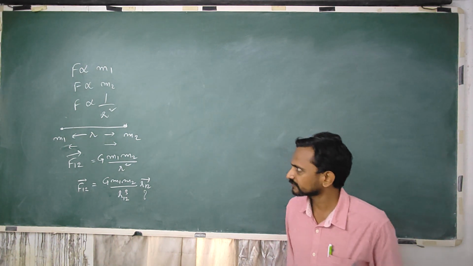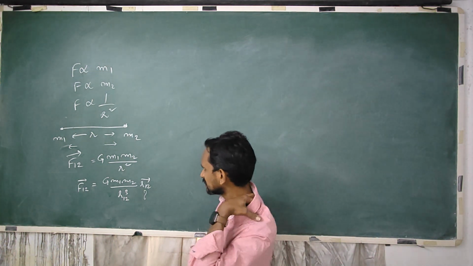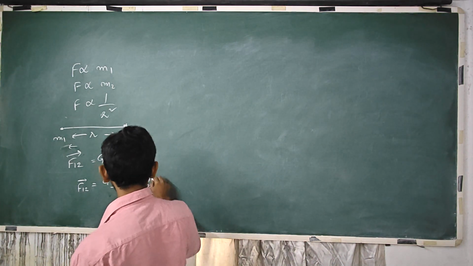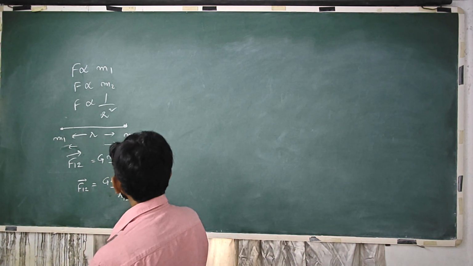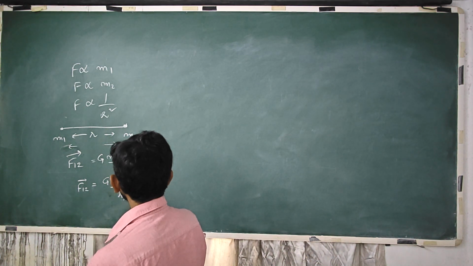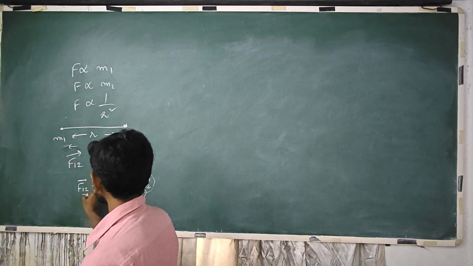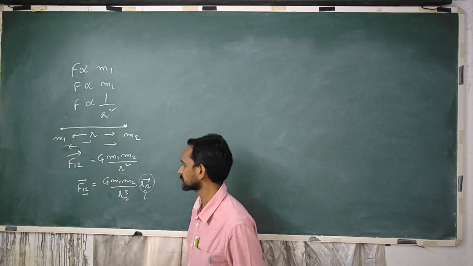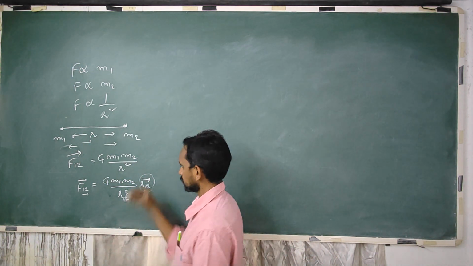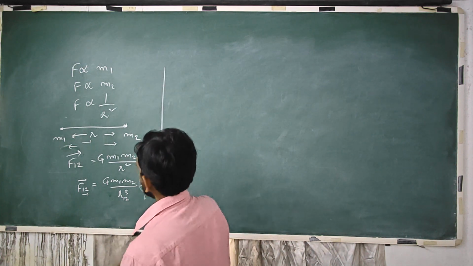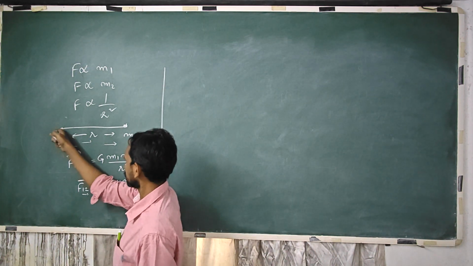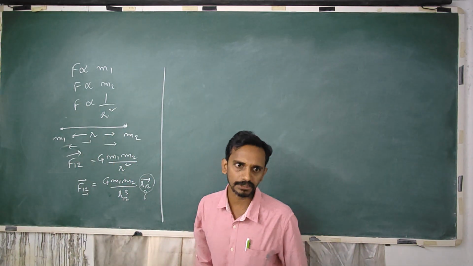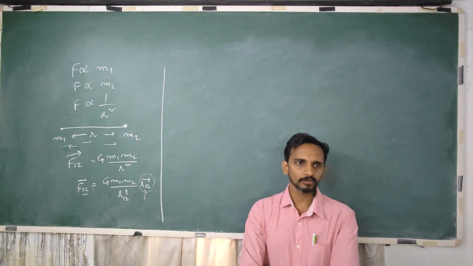So the force is directed from 1 to 2. Okay, we'll see the direction part. As per this equation, it is directed from 1 to 2 in this way, but it should be attractive. That part we will see. But primarily there is an attractive force between these two, and these two objects will try to move towards each other.